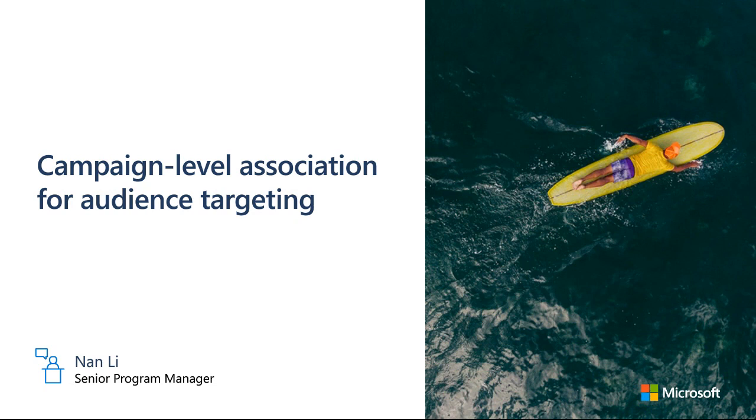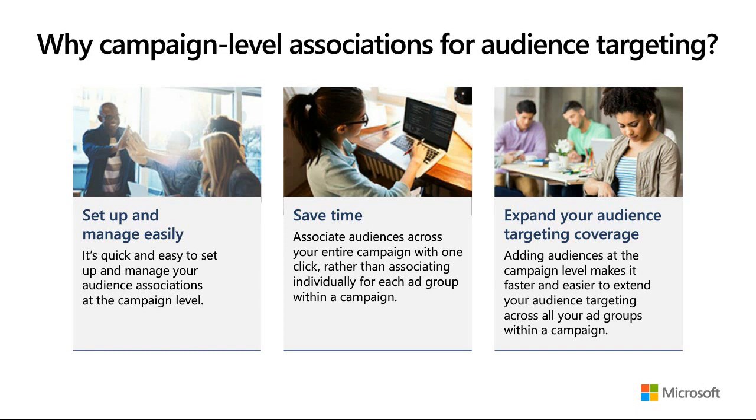So today, advertisers have the ability to add audience targeting at the ad group level. For advertisers who have tons of ad groups and are managing all those audiences, this is a very time-consuming effort. So to make it easier and simplify the process, we are now supporting campaign-level association.